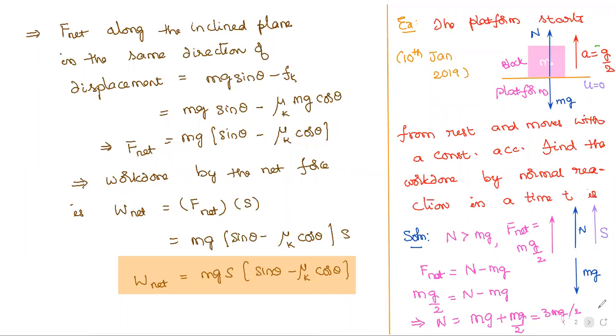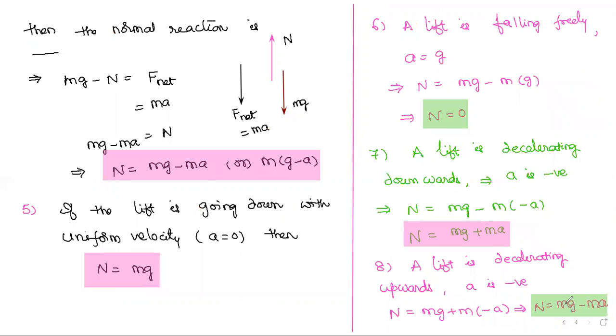Again, don't substitute a equals minus g by 2, then that becomes plus g by 2. No use. Already the negative sign I applied here. So simply you substitute a equals g by 2 here. That minus I already substituted here. Keep in mind, that's why don't substitute the negative sign two times. Okay, good. This is your deceleration here.